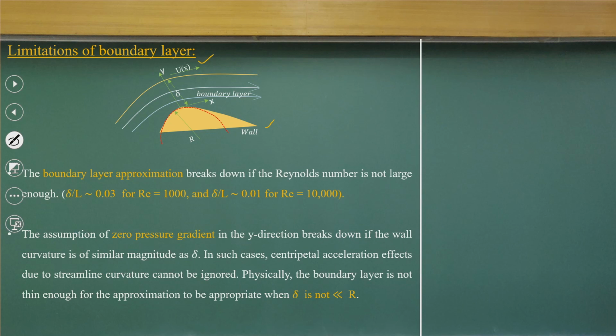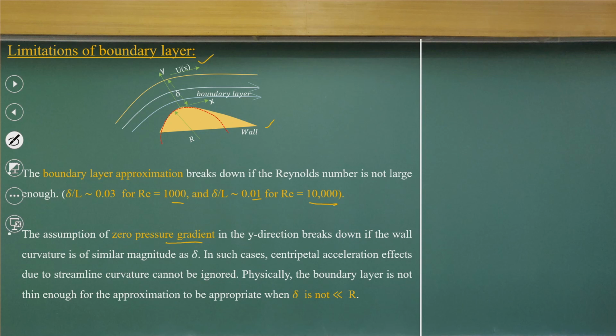For example, if the Reynolds number is thousands, delta by L will be 3%, okay, 0.3, but at 10,000 you will have only 1%. So, you have to look at how the boundary layer thickness you are getting, and that assumes zero pressure gradient, which we will discuss more, and which is quite acceptable.